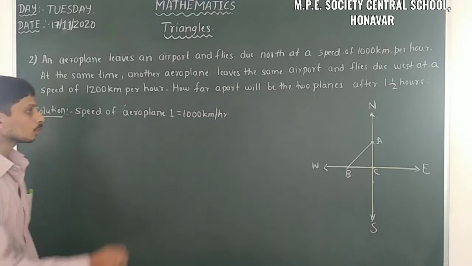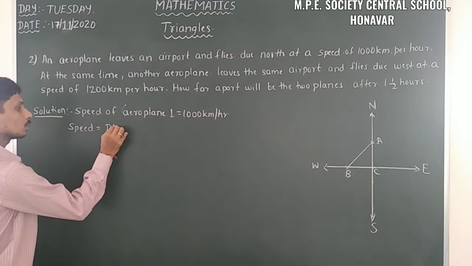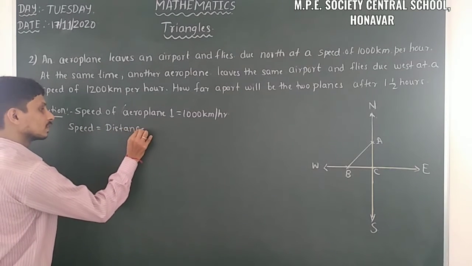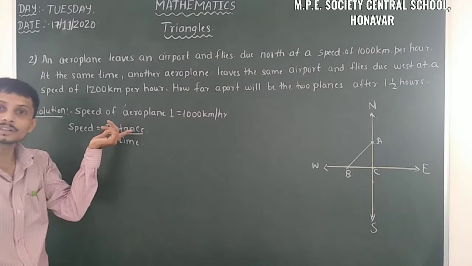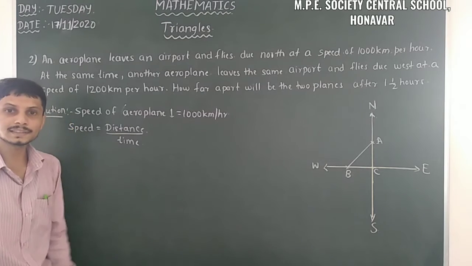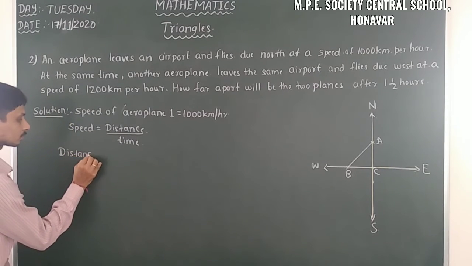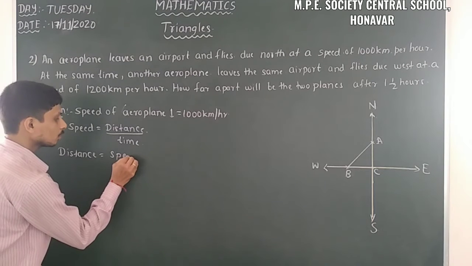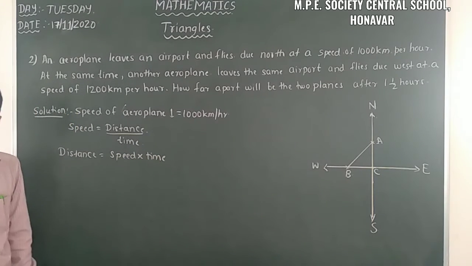We know that speed is equal to distance divided by time. Then how can we find this distance? We transpose time to the other side, so distance is equal to speed into time.